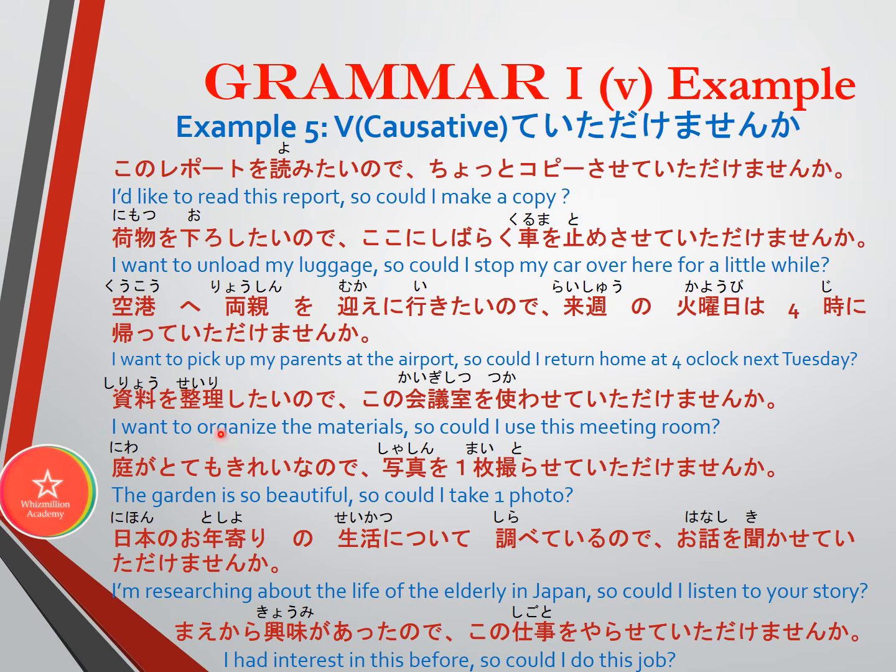I want to organize the materials, so could I use this meeting room? 資料を整理したいので、この会議室を使わせていただけませんか? The garden is so beautiful, so could I take one photo? 庭がとても綺麗なので、写真を一枚撮らせていただけませんか? I'm researching about the life of elderly in Japan, so could I listen to your story? 日本のお年寄りの生活について調べているので、お話を聞かせていただけませんか?